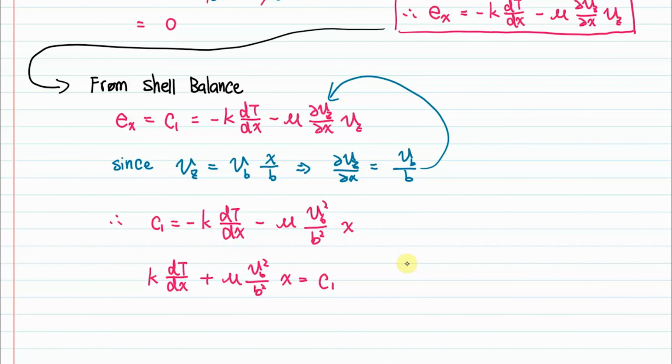Basically the second term here is the rate of viscous heat production. So you can see that if you have a higher velocity vb, meaning a faster spinning outer cylinder, you're going to generate more heat, and that's going to reflect on the temperature distribution.